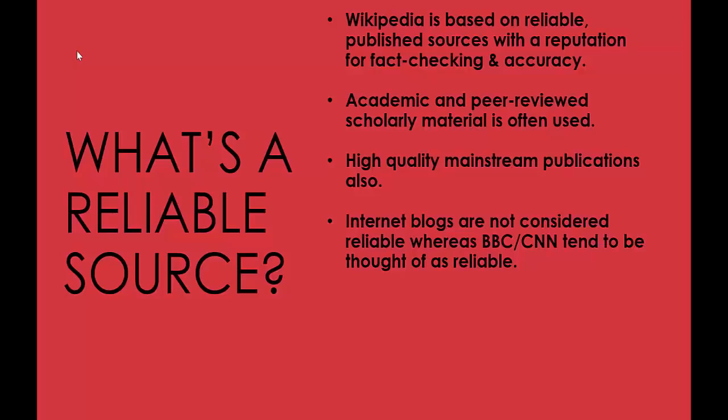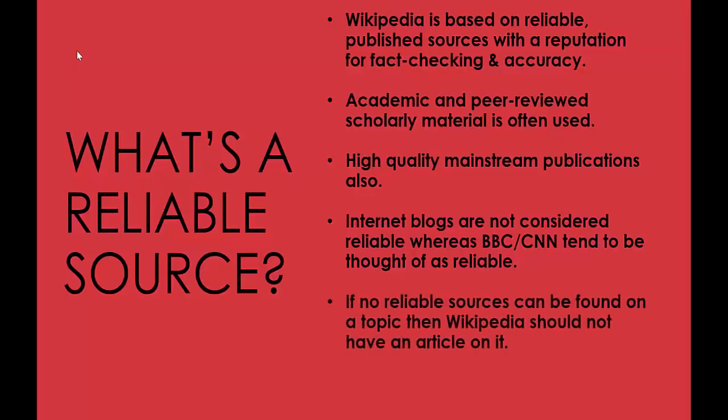BBC, CNN, The Herald, Telegraph, Guardian, any sort of reliable, respected newspaper site should be okay to use. Avoid tabloid news sites and anything that doesn't have a history of being a reliable, fact-checking, accurate source of information.